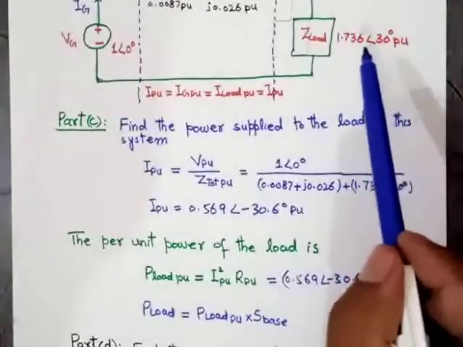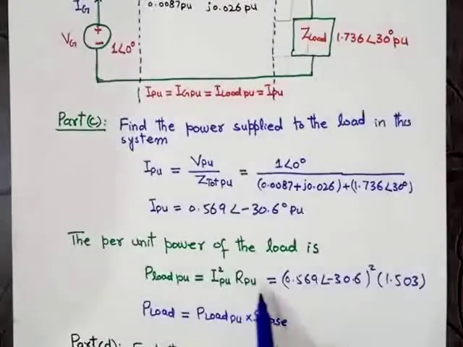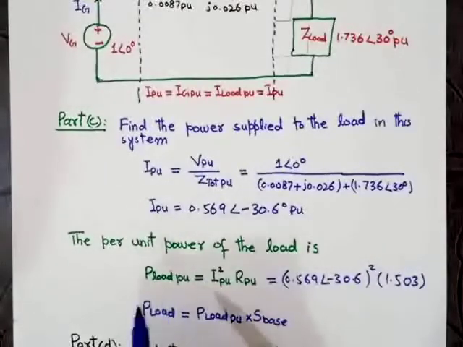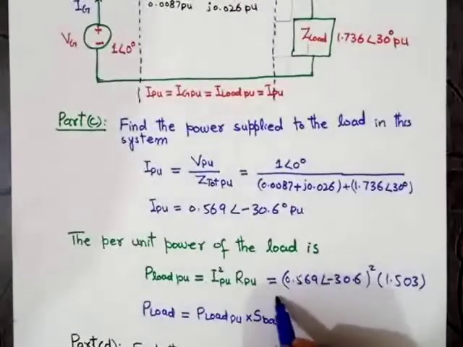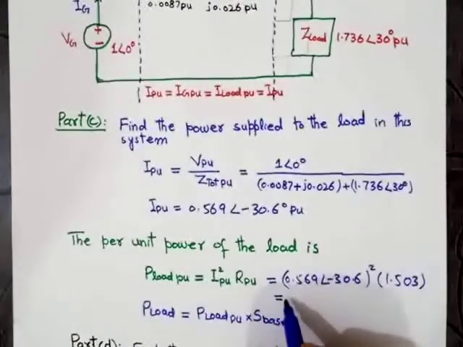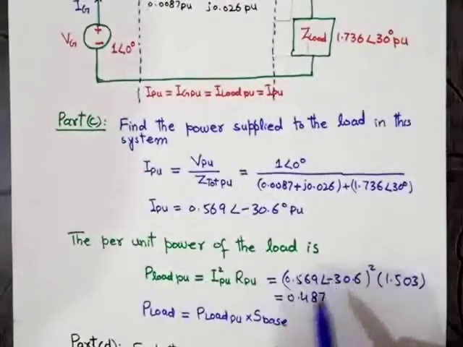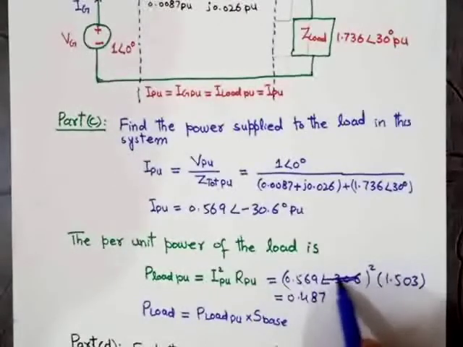In the rectangular form, the real part will be the resistance, that is, the value of resistance is equal to 1.503. After multiplication, we get the per unit value of the power across the load equal to 0.487. Sorry, in case of power, we only use the magnitude.